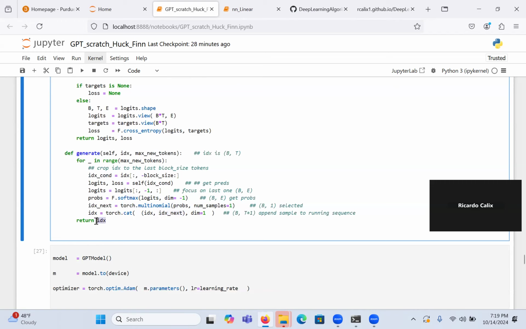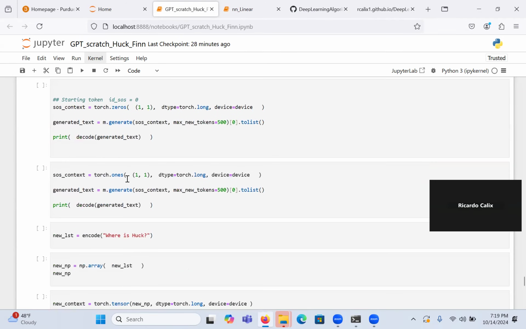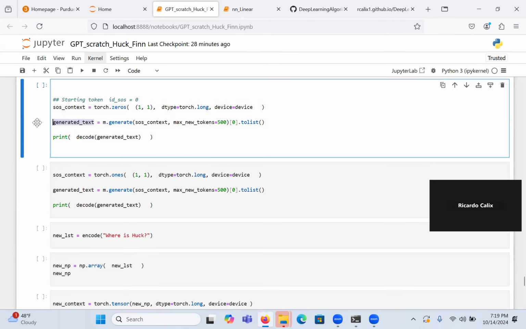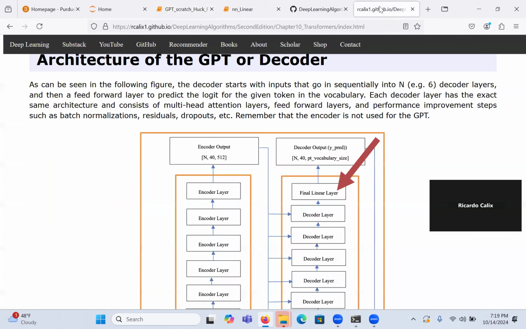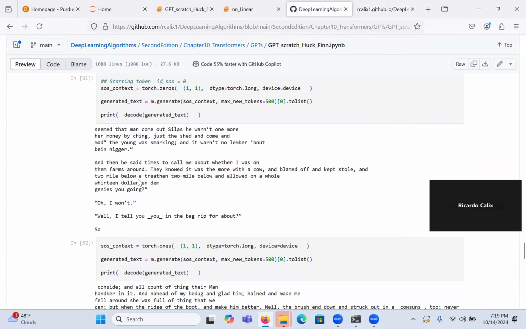Eventually this would be, say, 500, so it would be n by 500. That would be the output of your model. Then that idx goes into the decoder, and boom, we translate it into text.